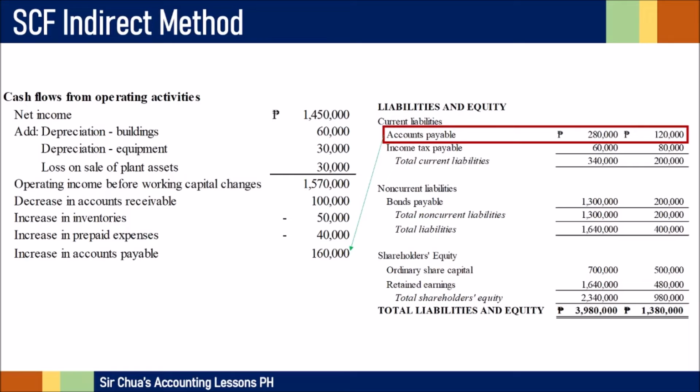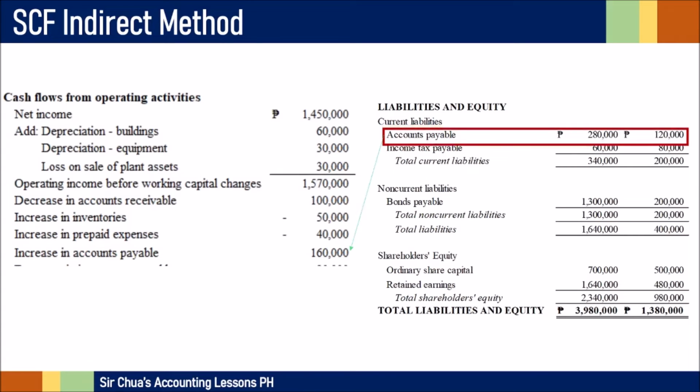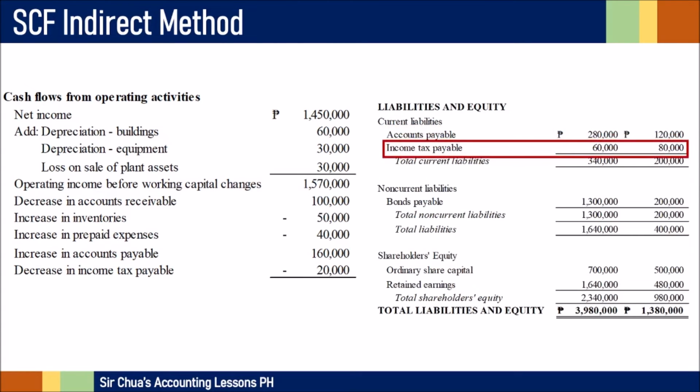That's why any increase in accounts payable is being added. And then for your income tax payable, from 80,000 it went down to 60,000. When your income tax payable goes down, you deduct it because you paid for taxes. That's why your payable went down, and that's a cash outflow.